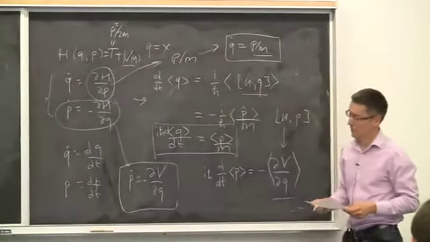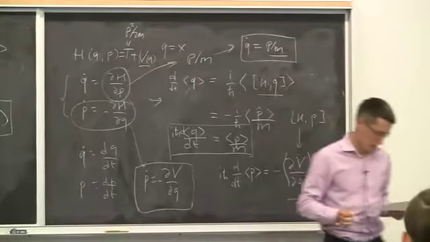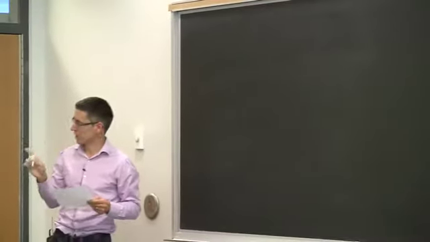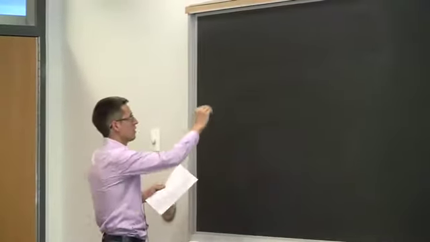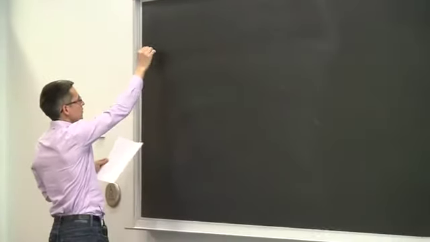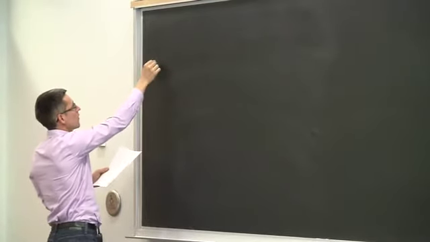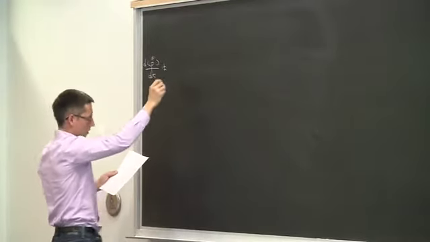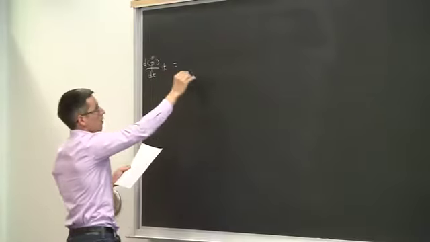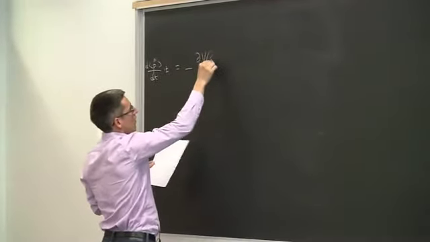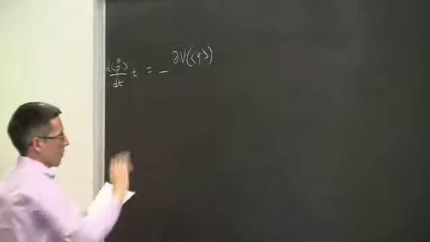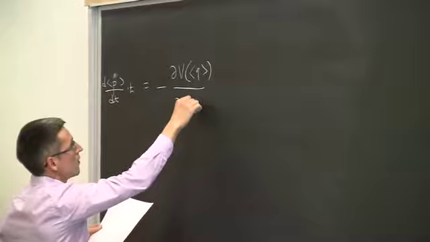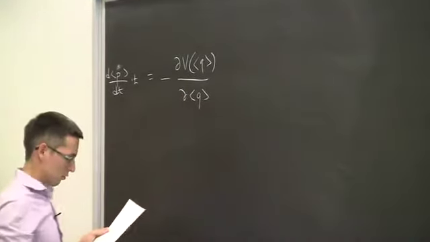But the significant difference is that the correct classical expression should be the following: dp over dt equals minus dv calculated at the point of the average q, differentiated with respect to the average q.